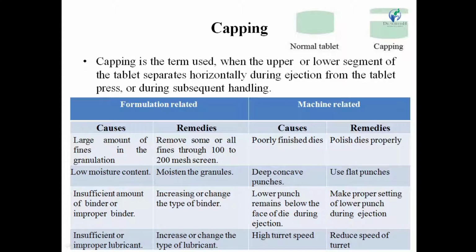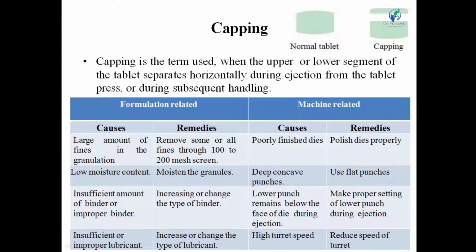Next is machine related problems. First one, a poorly finished die. So the solution is to polish the dies properly and avoid the capping issue. Next, deep concave punches produce capping, so use flat punches. Next, the lower punch remains below the face of the die during ejection.